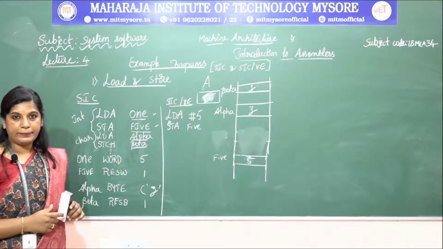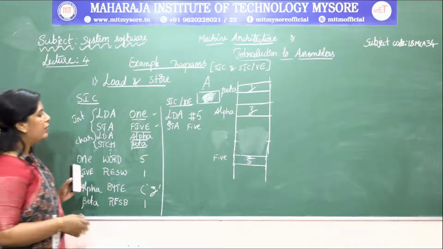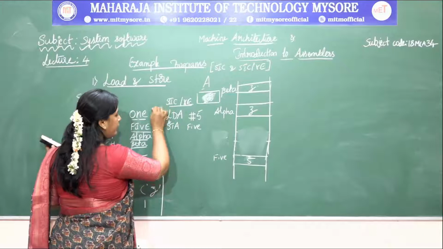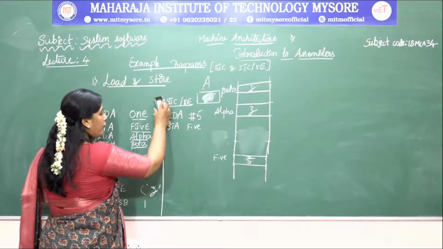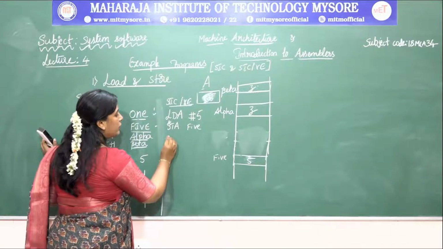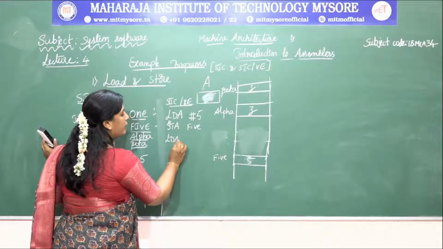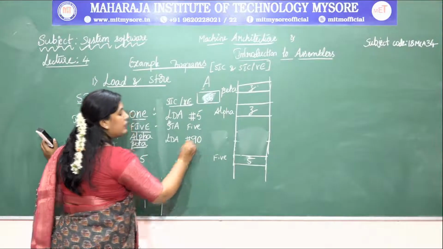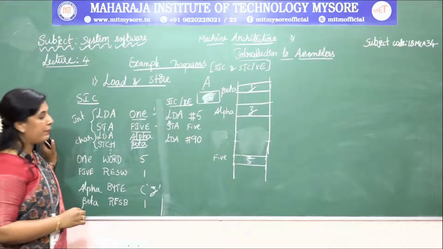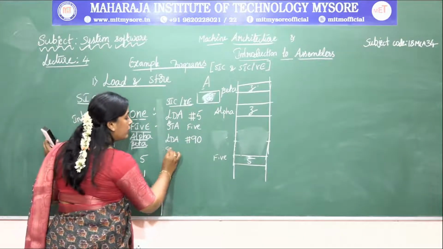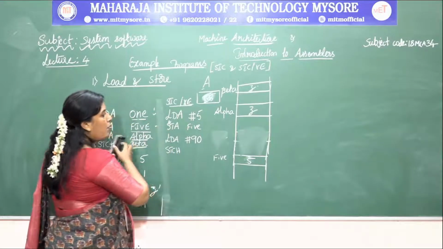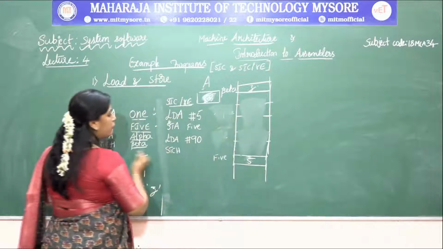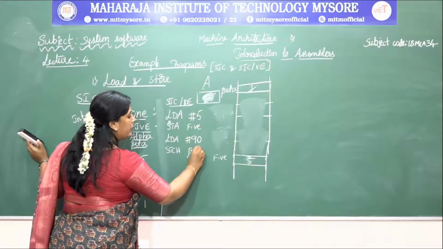Again, for moving a character, load accumulator with an immediate value, the ASCII value of Z, which is 90. Again store character, so alpha does not need to be defined here. I just store the character to beta.